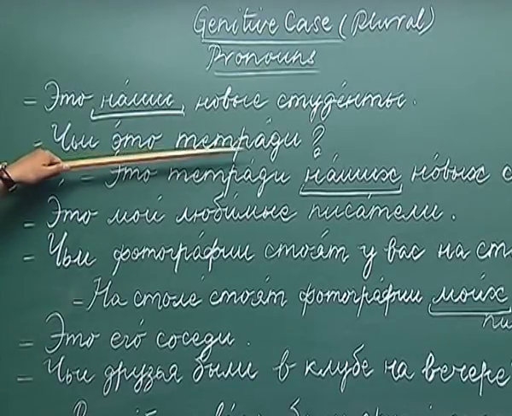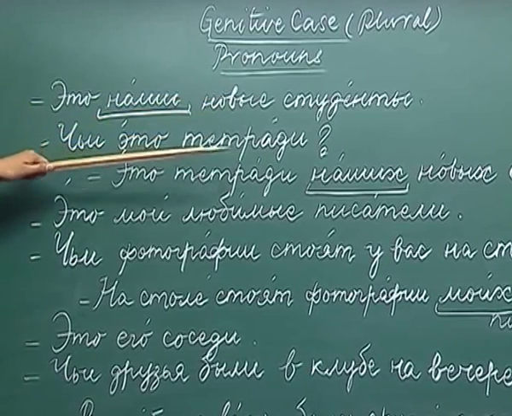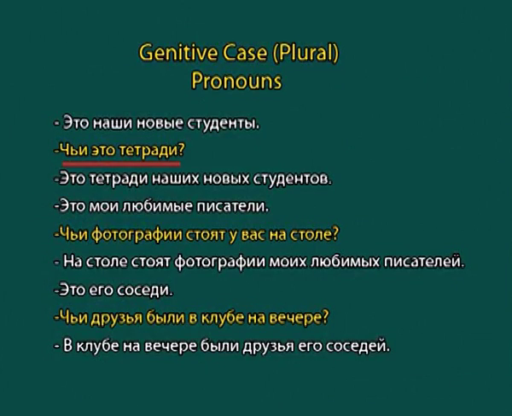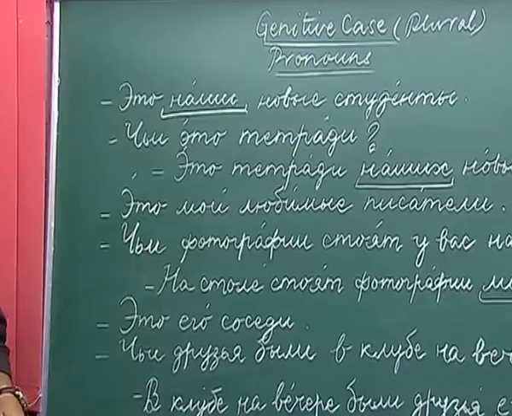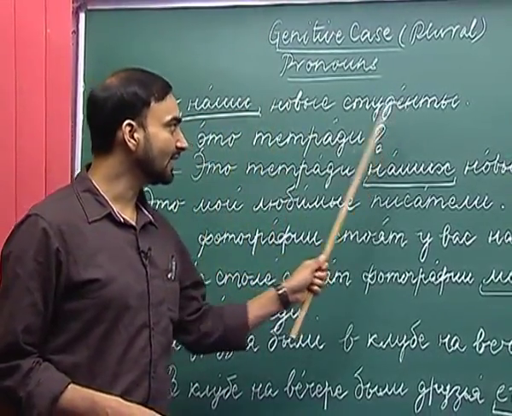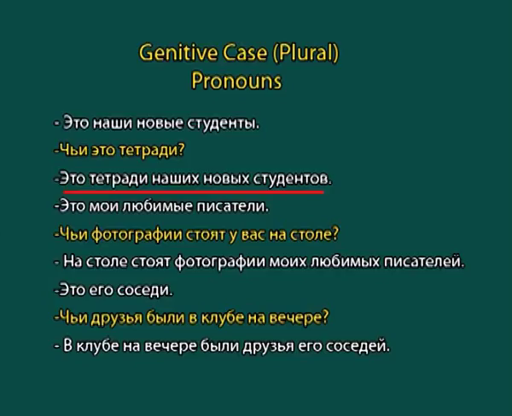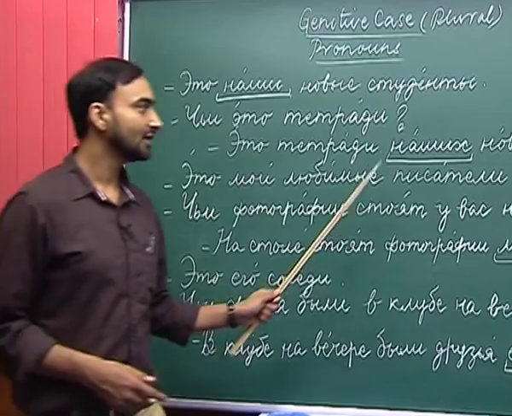Now you have to take a hint from the first sentence and answer this question. So, we will use наши новые студенты to answer: Эти тетради наших новых студентов. These notebooks are of our new students.